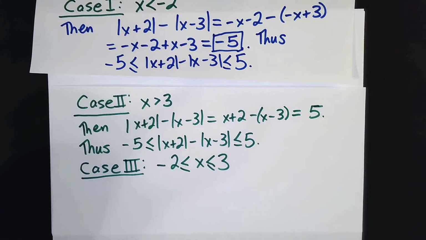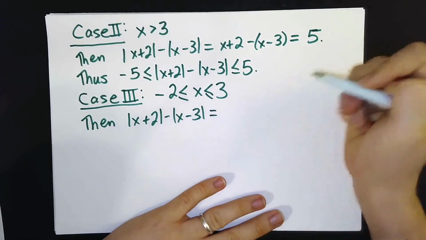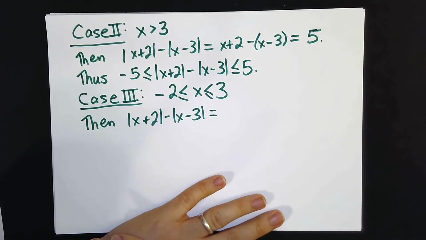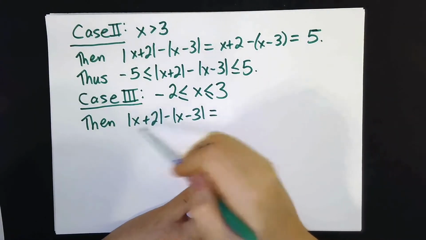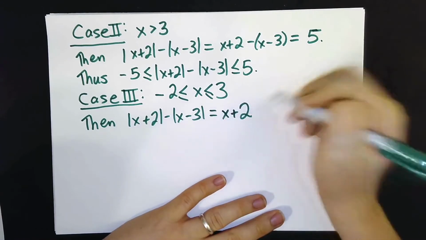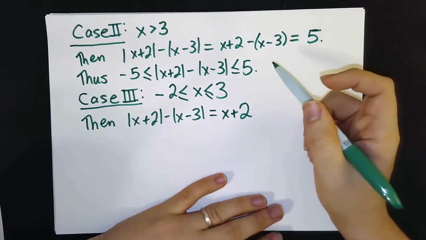So our last case is that our x here is between minus 2 and 3, just like that. In this case, what happens to the absolute value of x plus 2 minus the absolute value of x minus 3? Well, because x is bigger than minus 2, this x plus 2 is positive. So when I take the absolute value of it, I just get x plus 2. Well, what about the absolute value of x minus 3 part?